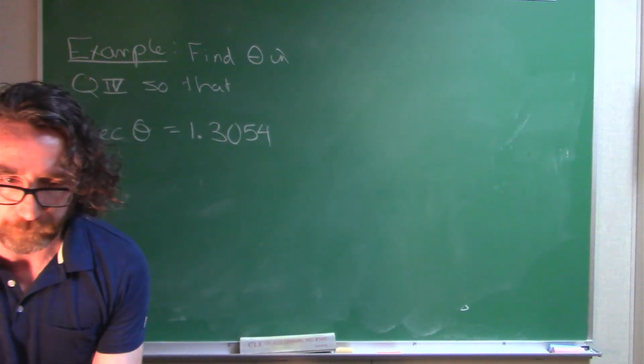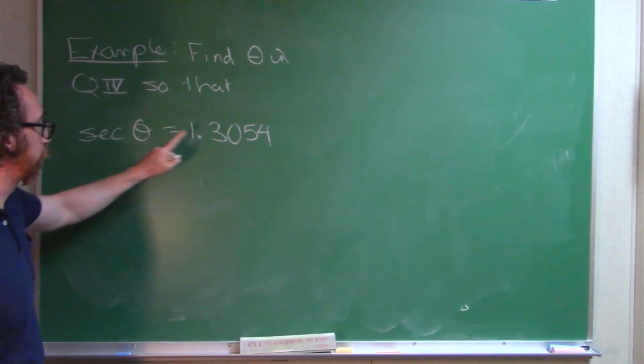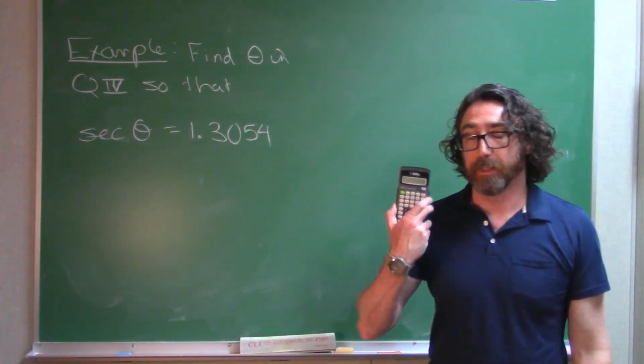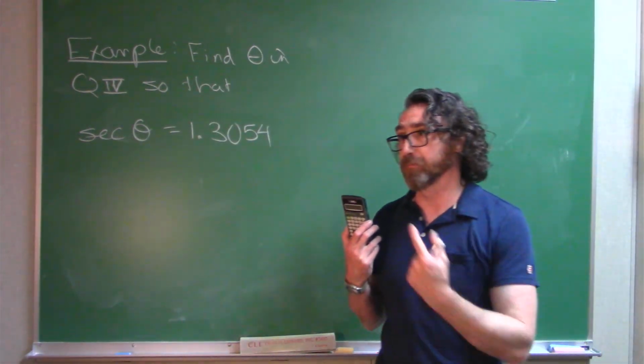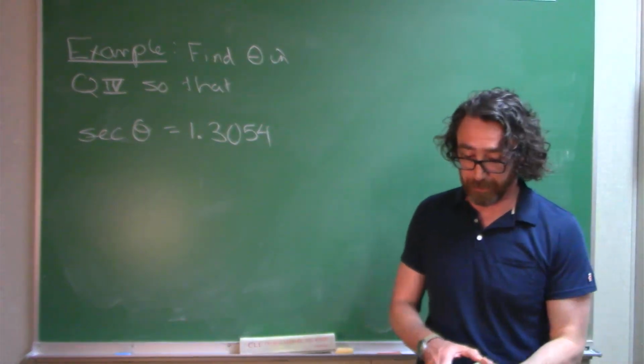So, I want a quadrant 4 angle such that the secant of my angle is 1.3054. Now on my calculator, I can figure out inverse sine, inverse cosine, inverse tangent. I cannot figure out inverse secant.